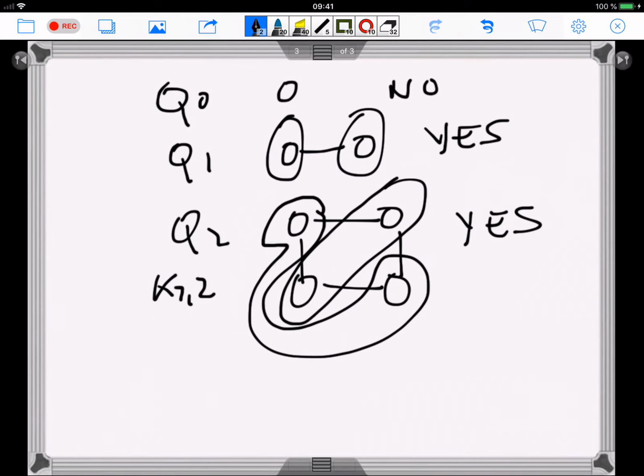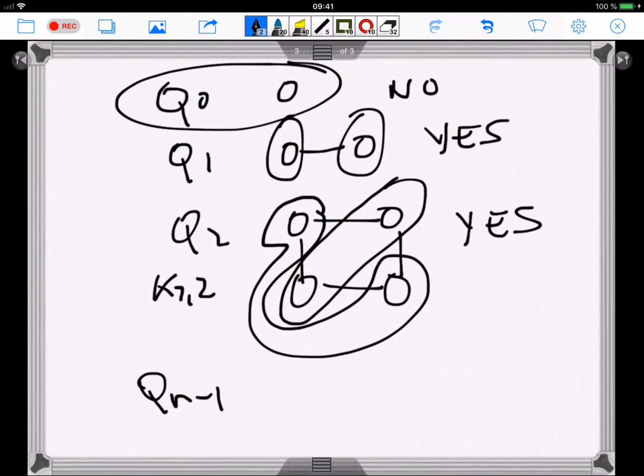Okay, for instance, we can start with Q0, and it's clear that there are no cycles here of odd length. This is the base case in the proof by recursion, by induction. And then we can suppose that there are no cycles of odd length in a given graph Qn minus 1.